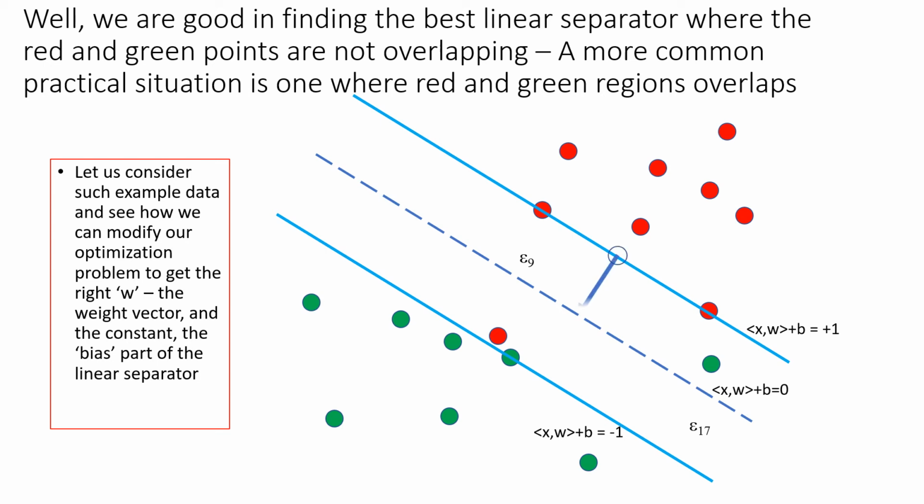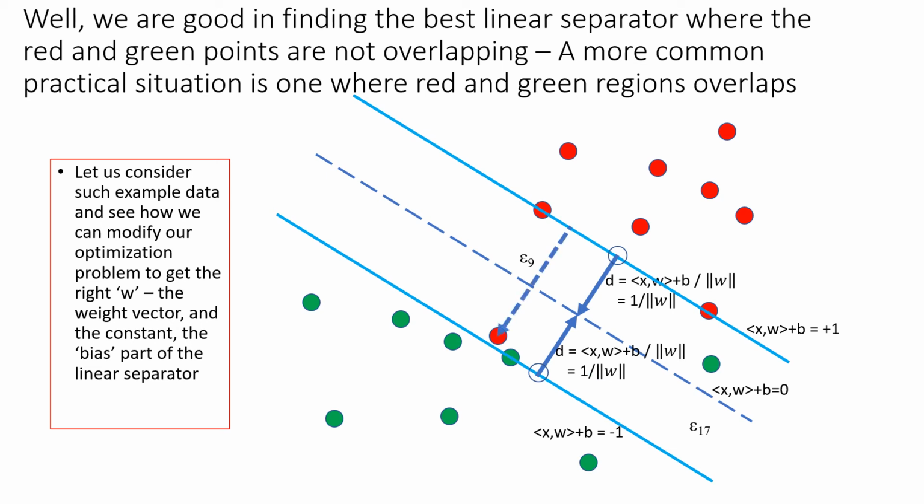the distances from the red region to the optimal separator, and from the green region to the optimal separator. In both cases 1 over norm W is what matters as the distance, and then we set up the quadratic programming.